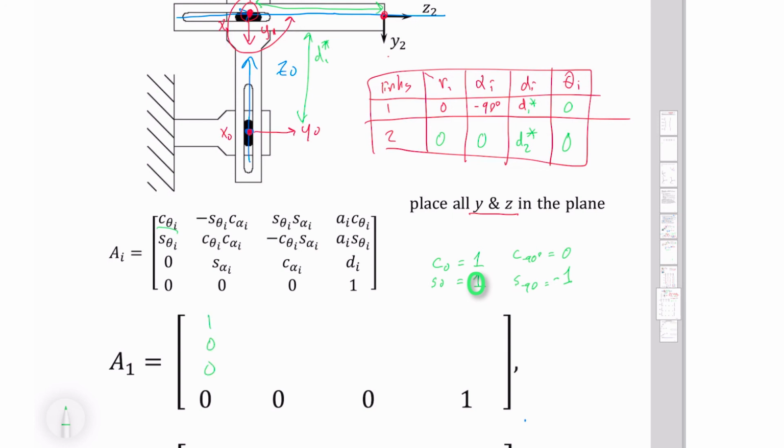Now I'm going to be multiplying by my cosine value, which is 0. So I get zeros for my first two terms, and my sine alpha is negative 1. And then I've got a 0, and my cosine negative 1 times a negative 1 gives me a positive 1 and a 0. And then my final term over here, since I've got a 0 and my d1 star.